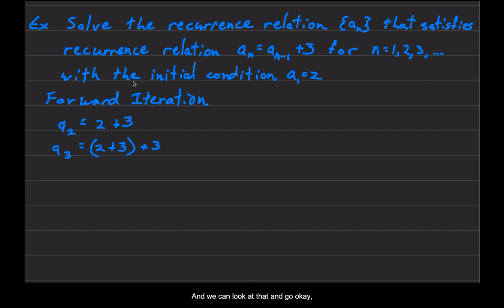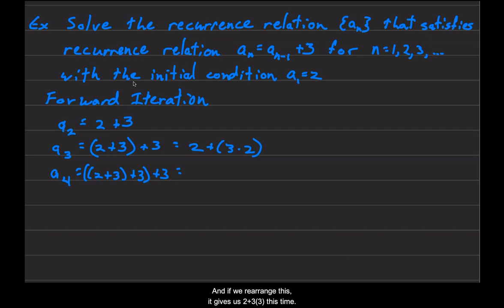And we can look at that and go, essentially that's the same as saying we've got 2 plus 3 times 2. And then we can look at a4 and say that is everything from a3, which was our 2 plus 3 plus 3, and then we add 3 to that.